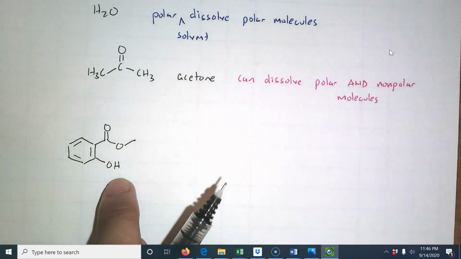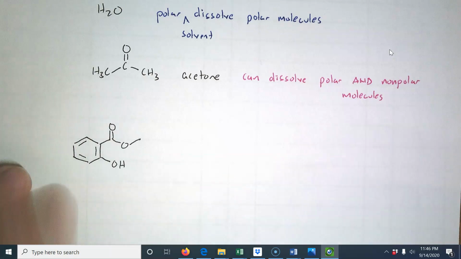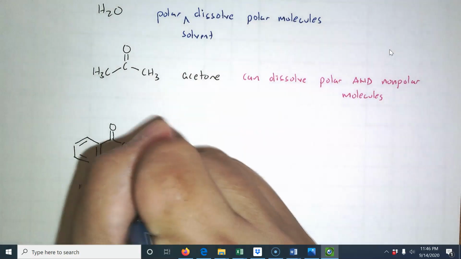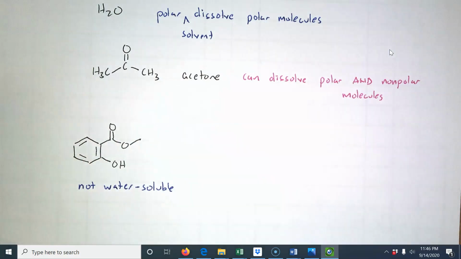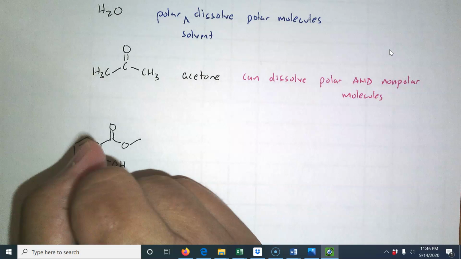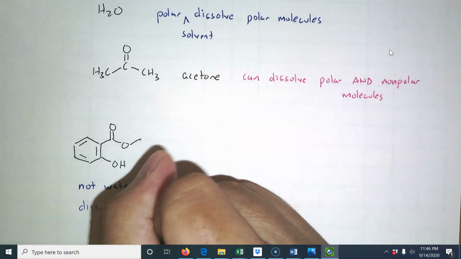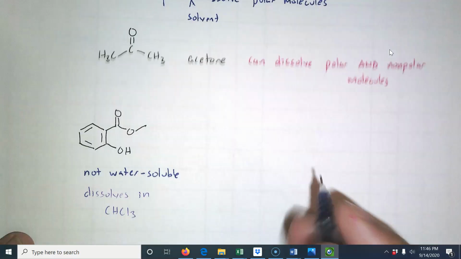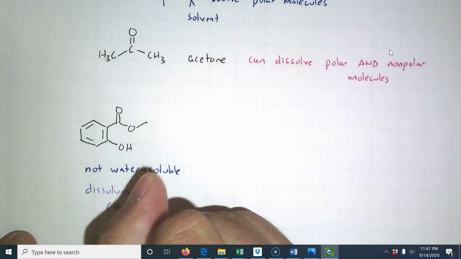I think this is wintergreen oil. I know it has a bunch of oxygens, but actually this is not water soluble. It's almost water soluble, but it's not quite. So it can dissolve in organic solvents, stuff like CHCl3, maybe hexane, maybe. A lot of this is trial and error.